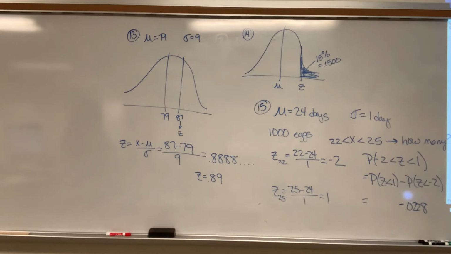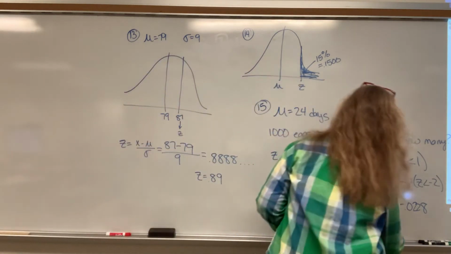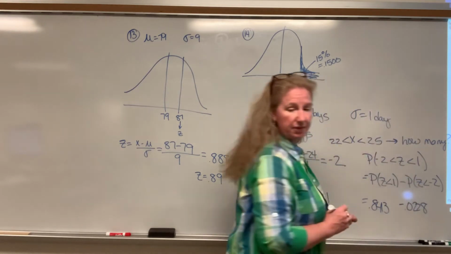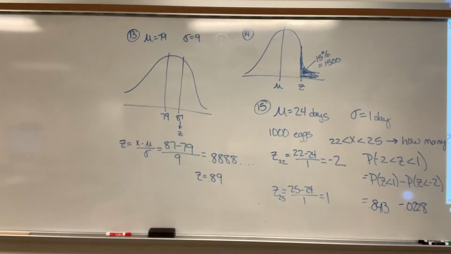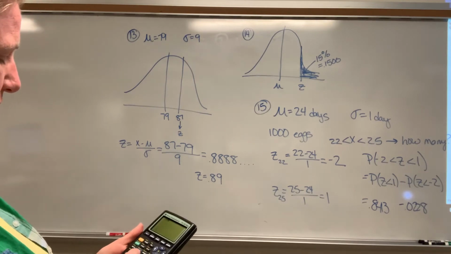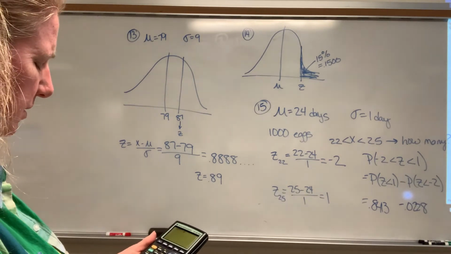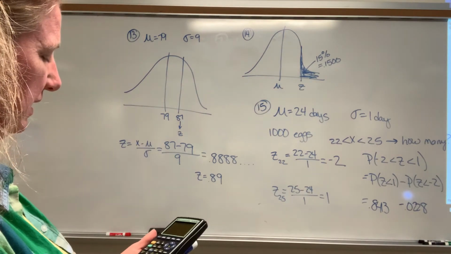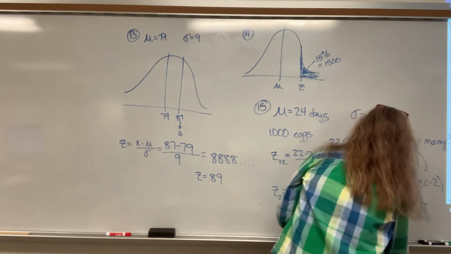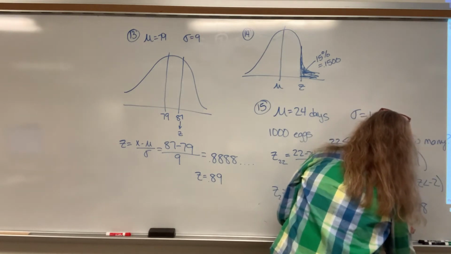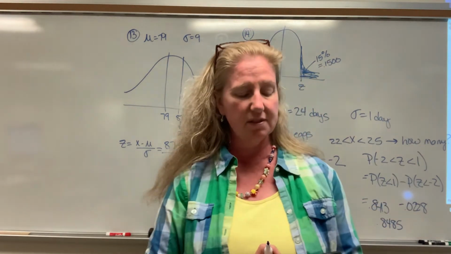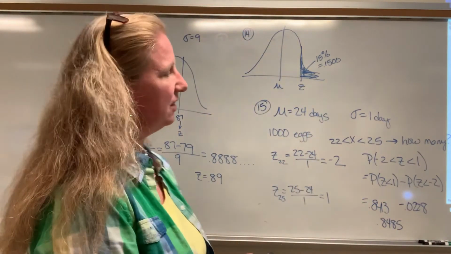That's 0.8413. If I do 0.8413 minus 0.0228, that's 0.8485. When I multiply that times 1,000, I get 848.5.